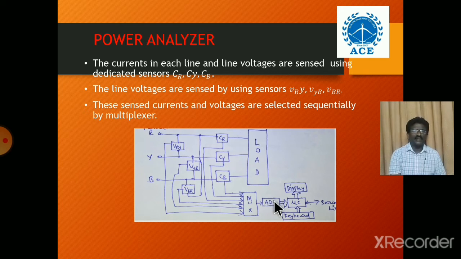The analog signals get converted to a digital signal which is given to the microcontroller. So according to the program stored in the memory of the microcontroller, computations and calculations are done. Finally, the calculated quantities are displayed using the display unit.